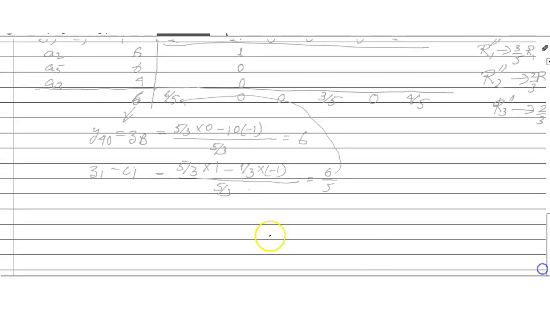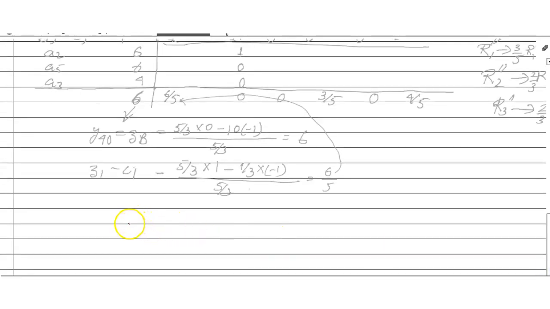Similarly, I get the other value is 0, and Z4 minus C4 equals 5 by 3 into 0 minus 1 into minus 1 divided by 5 by 3. This is the way how to find out Zj minus Cj. So friends, this way you can get this value.